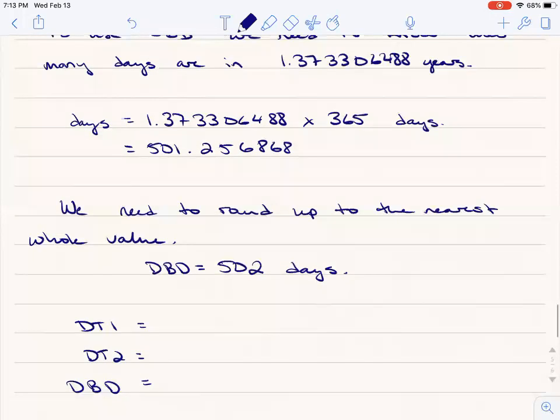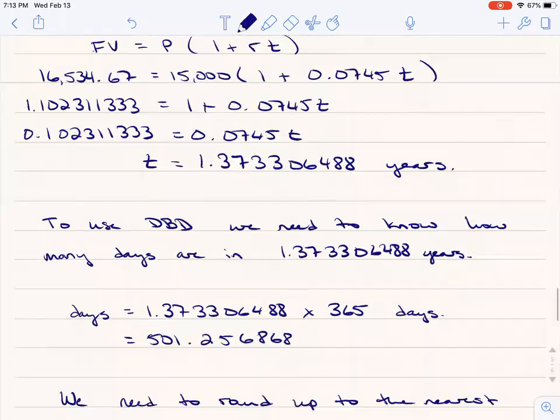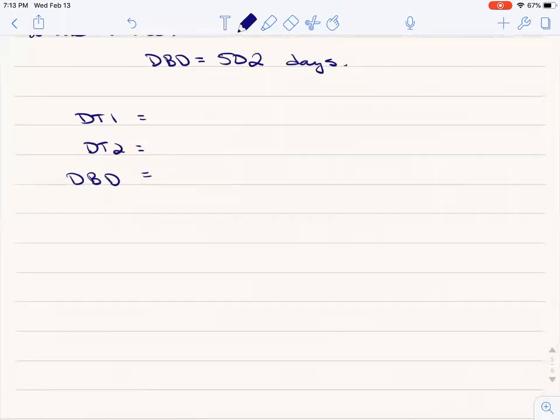So date 1 we know is November 5th, 11/05/01. I'll just make a note here, November 5th, 2001. Date 2 is the one we're trying to solve for, so that's where I'll put my star.